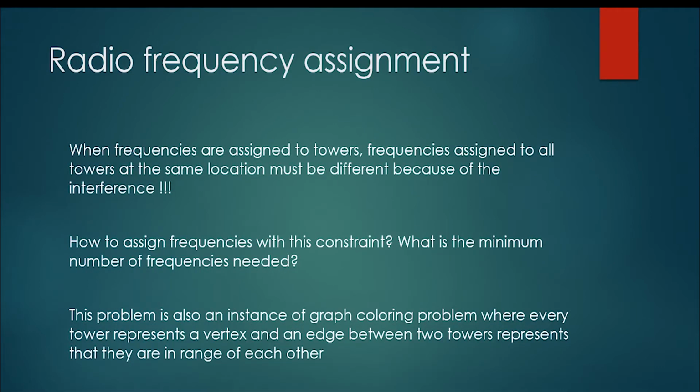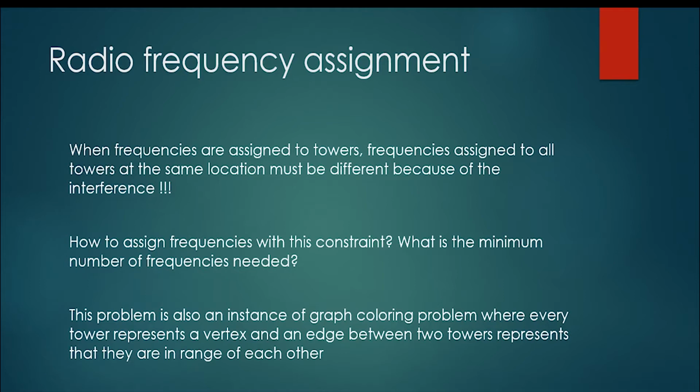Another very interesting problem is the radio frequency assignment. When frequencies are assigned to towers, for example, during mobile communications, frequencies assigned to all towers at the same location must be different because of interference. How to assign frequencies with this constraint? What is the minimum number of frequencies needed?